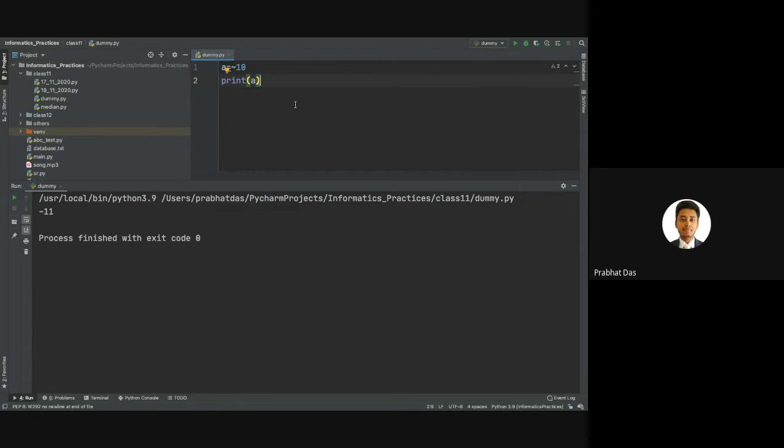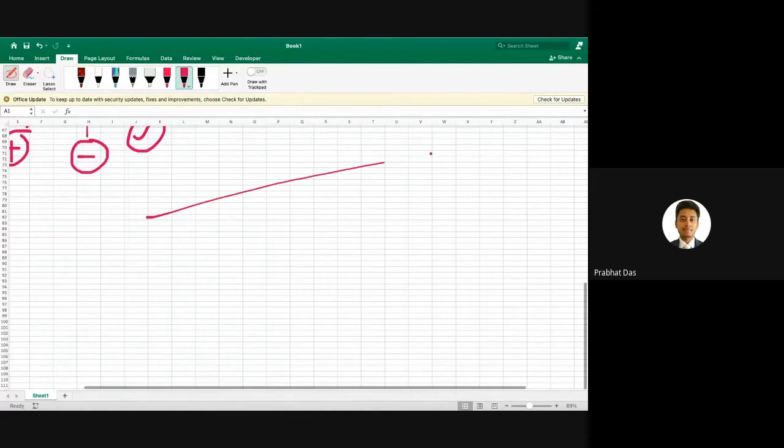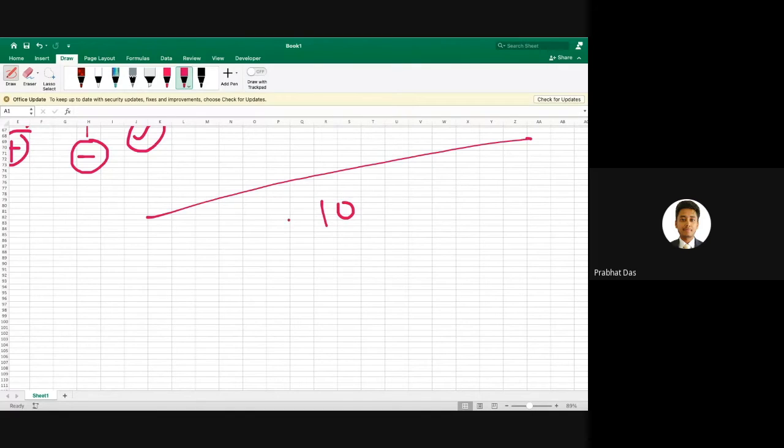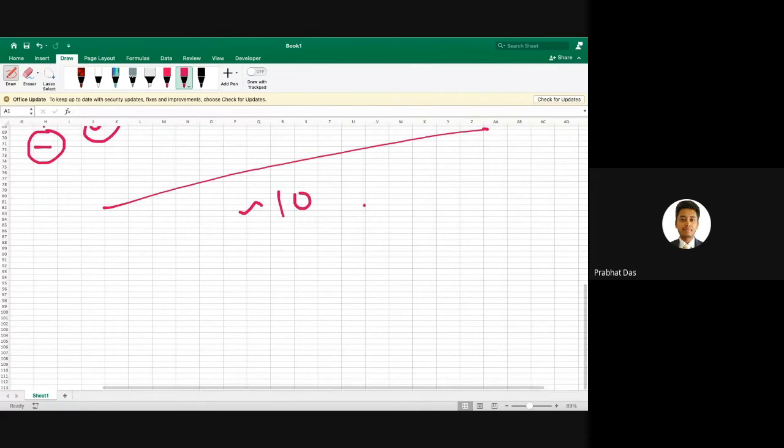So what exactly happens whenever we perform unary not? If the integer is positive, let's say we are performing unary not with 10, the value of 10 will get incremented by 1.